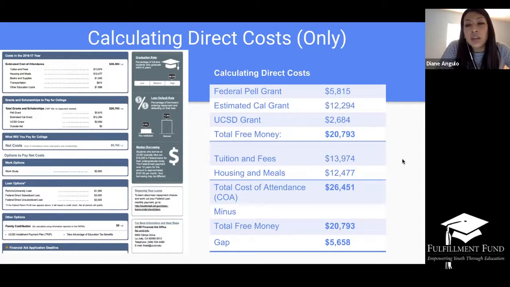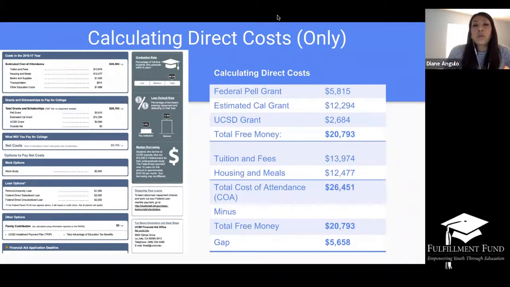And again, depending on what the student or what you all select in your housing options and your meal plan, this $12,477 can always go down. So keep that in mind. So the total cost of attendance in this case would be $26,451. So you're going to subtract the total cost of attendance with the total free money. And that's going to leave you with the gap of $5,658.